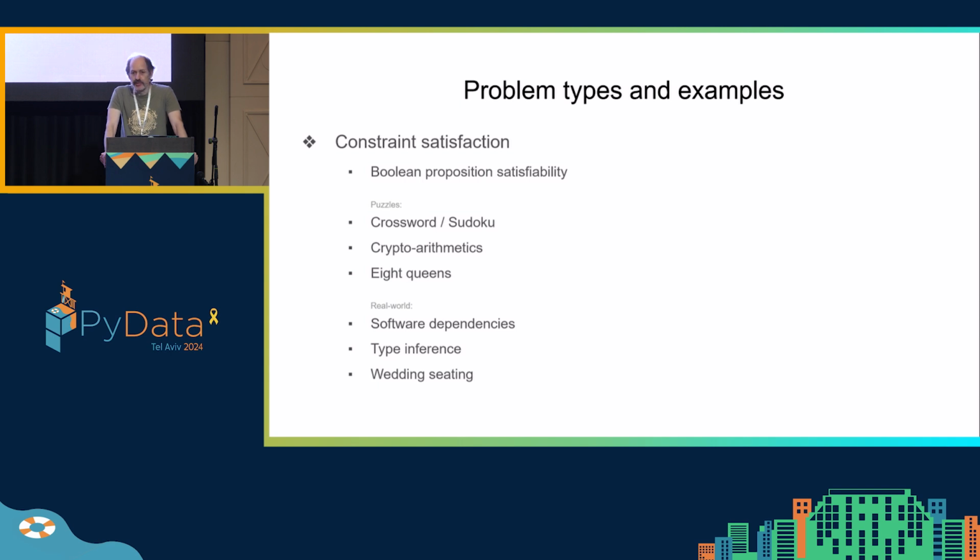We have crypto arithmetics, so you have some cipher, you need to find a mapping between letters and numbers. The 8 queens problem, for example, you want to put 8 queens on a chessboard so that no queen attacks any other queen. But we can also talk about more real-world problems, so resolving software dependencies, for example, when you do conda install, automatic type inference, and most importantly, arranging wedding seating, where some people must sit together and some people must sit far apart.